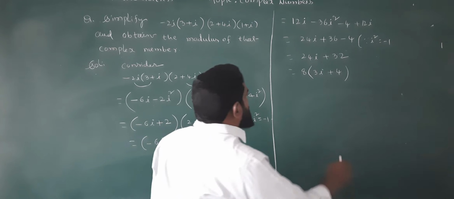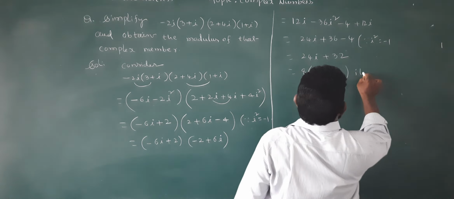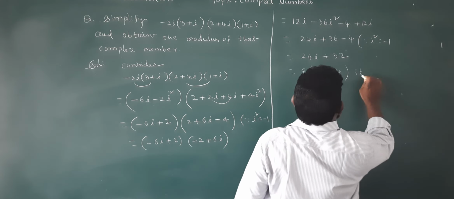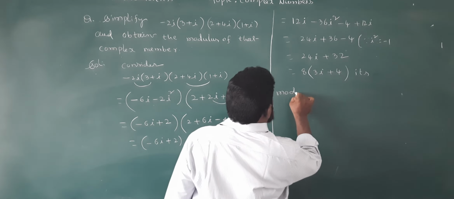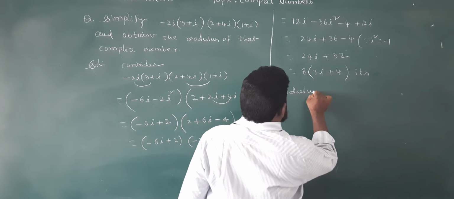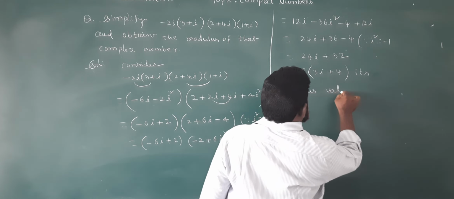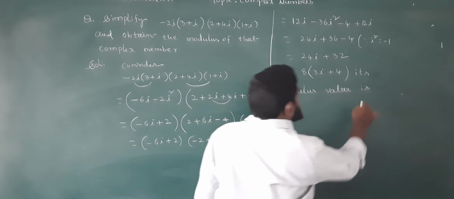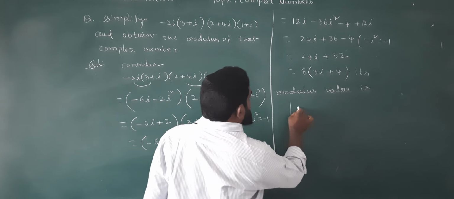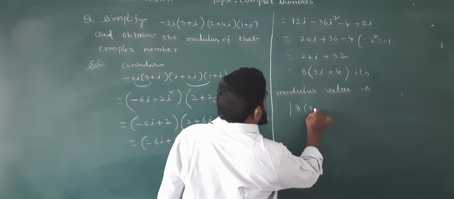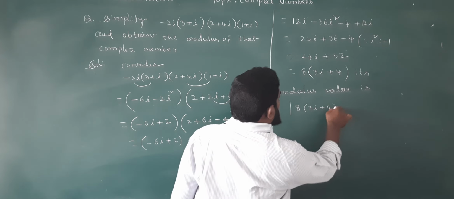Now its modulus value, we should take like this: modulus of 8 into 3i plus 4.